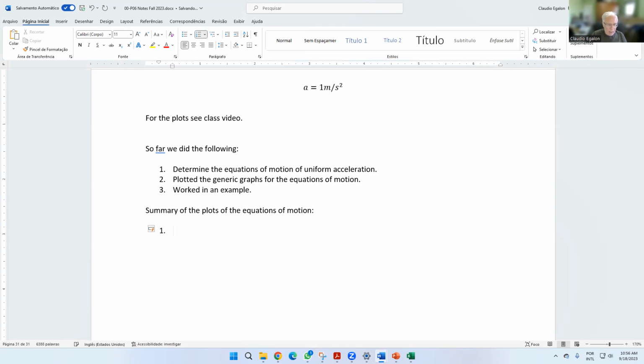One, if a is greater than 0, the plot of a versus t looks like a line parallel to the t axis above the origin, right?